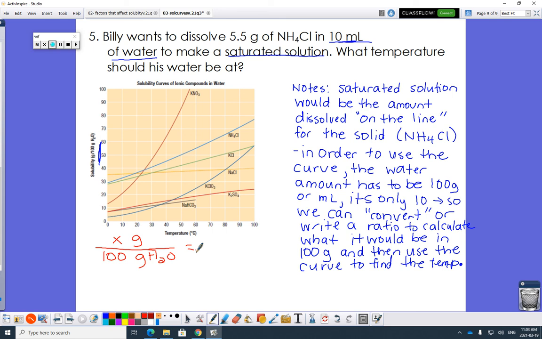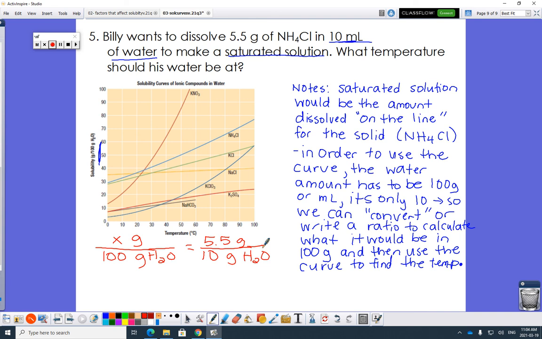Given 5.5 grams in 10 grams of water. Where did I get the 5.5 and 10? I got it from the question.